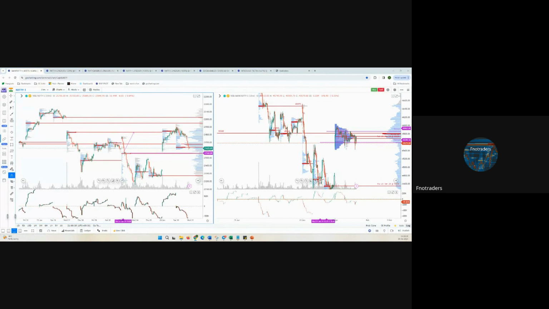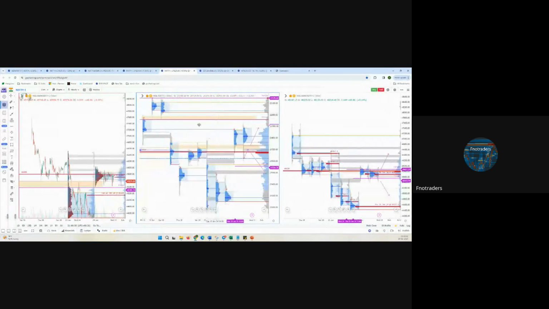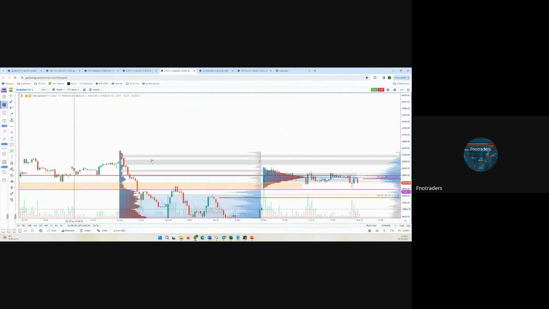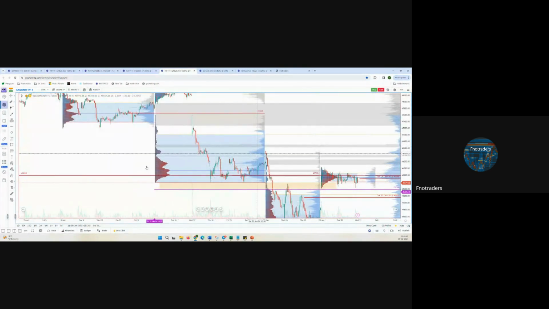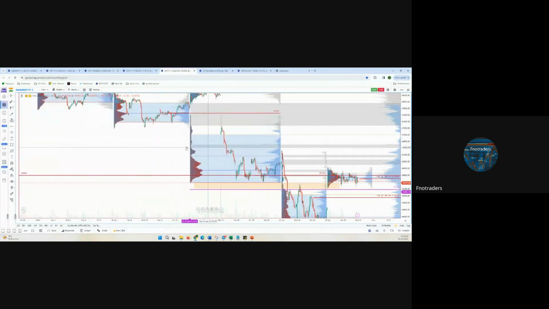I'll take this last question. It's a good question: can VP be overlaid on MP? Yes, you can do that. Let me show you a sample. If you see this chart, it has VP and MP. All I've done is put the MP on the left side and the VP on the right side, so you can see a view across both.